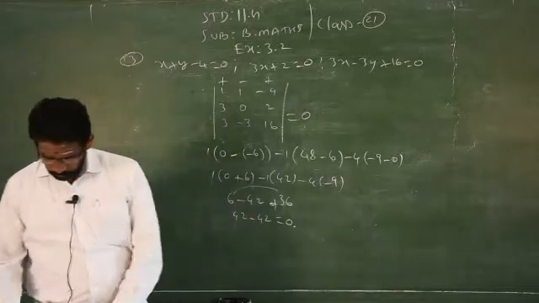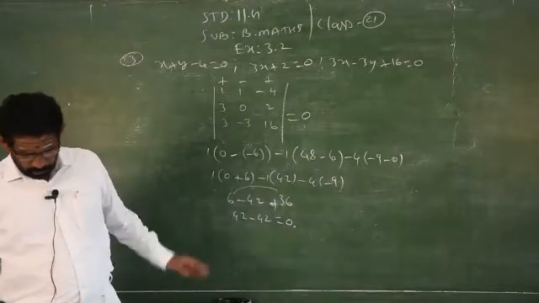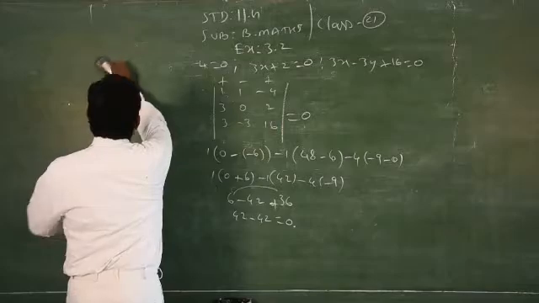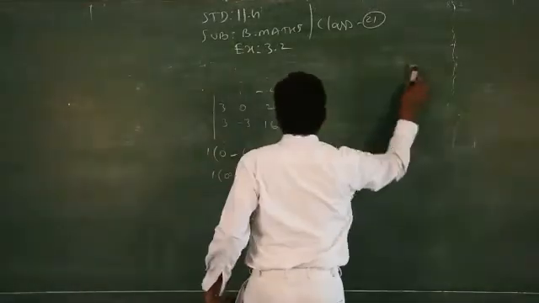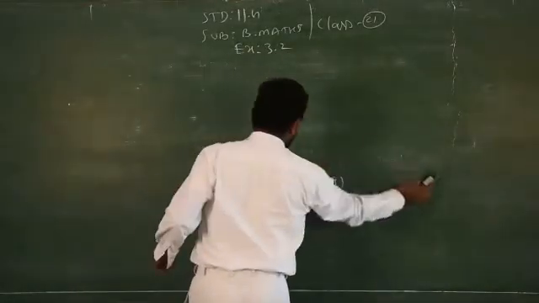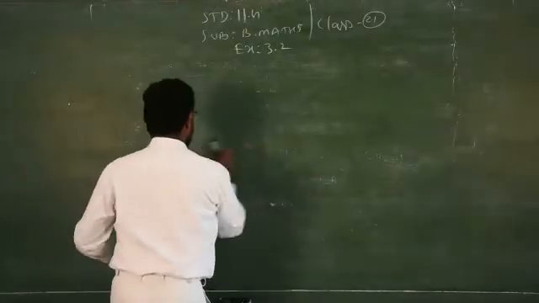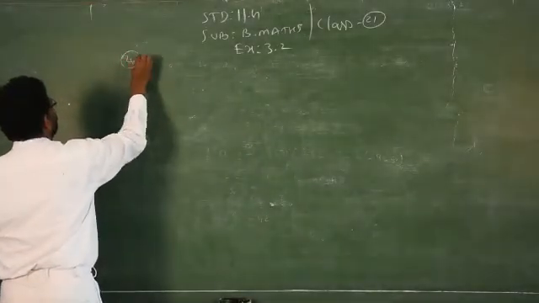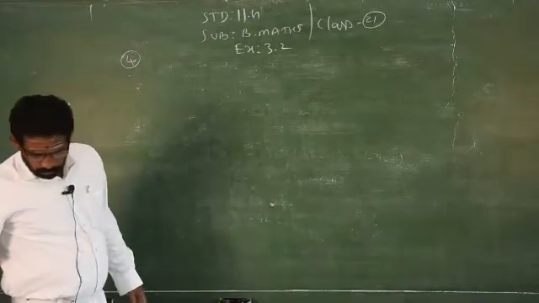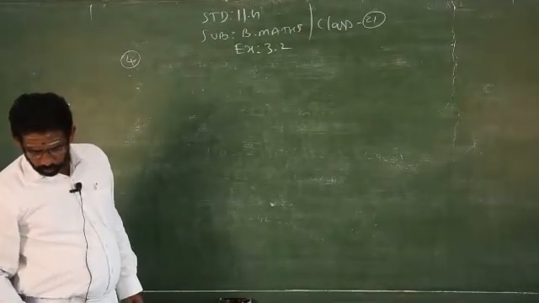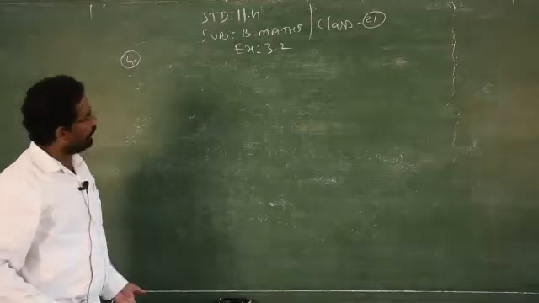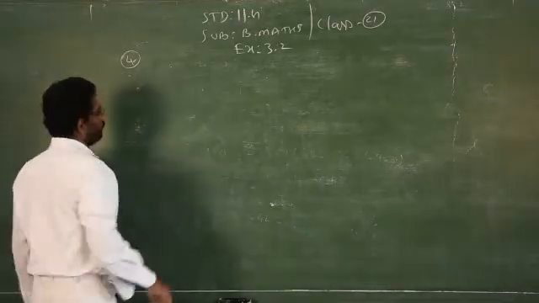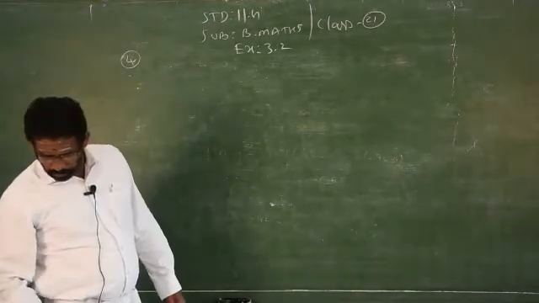Clear? Now the same concept, question number 4. Find the values of a for which the straight lines are concurrent. Already it is given as concurrent, therefore the determinant will always be 0.